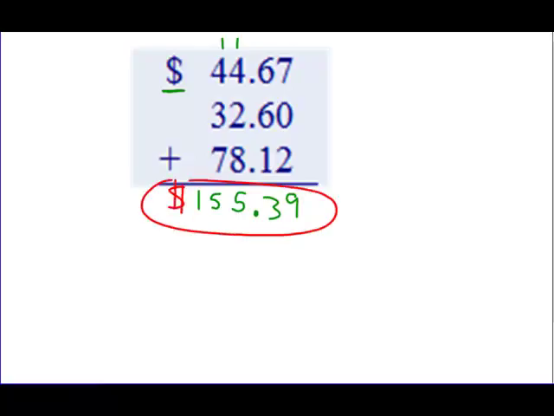Decimal point comes straight down. 7 plus 2 is 9. 6 plus 6 is 12, plus 1 is 13, carry the 1. 5 plus 2 is 7, plus 8 is 15, carry the 1. 4, 5, 3 is 8, plus 7 is 15. And don't forget, you've got to have the units for numbers with units. $155.39 is the answer.